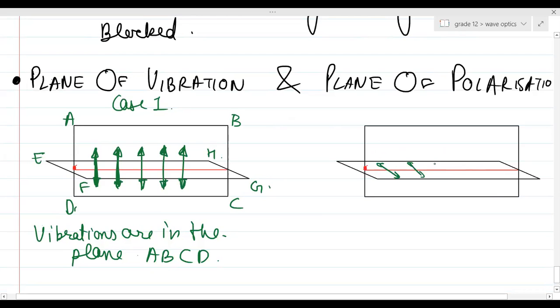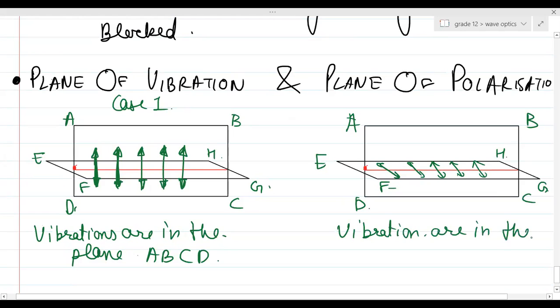So in this particular case, the vibrations are not in plane ABCD. The vibrations are in which plane, guys? Is the diagram understandable? I know the diagram is a little bit weird, but I think it's understandable, right? Yes, sir. So here the vibrations are in the plane EFGH.